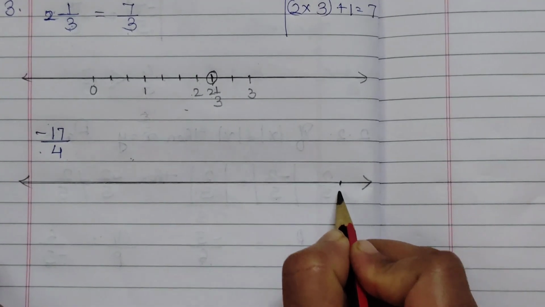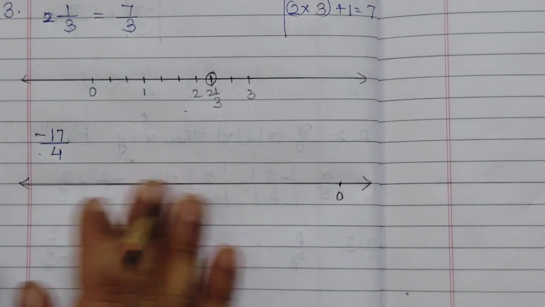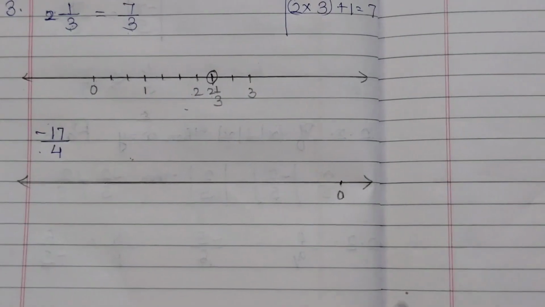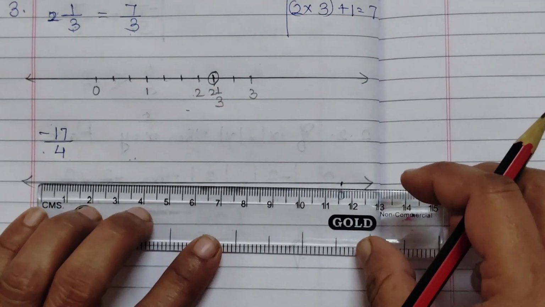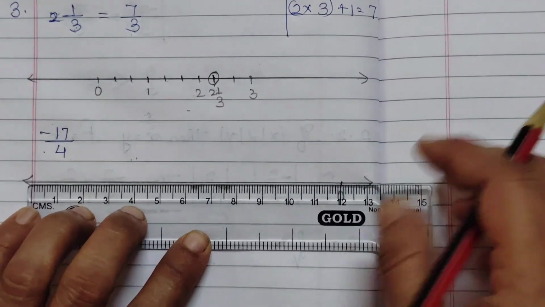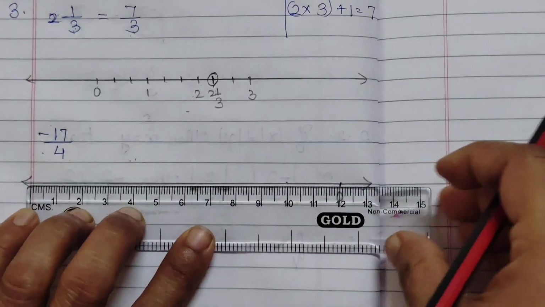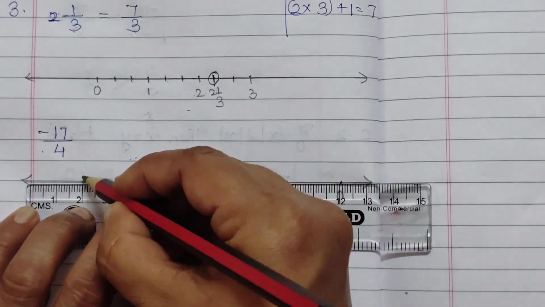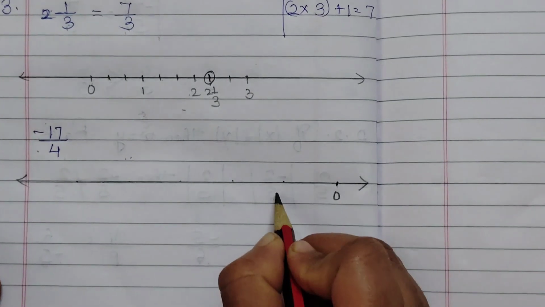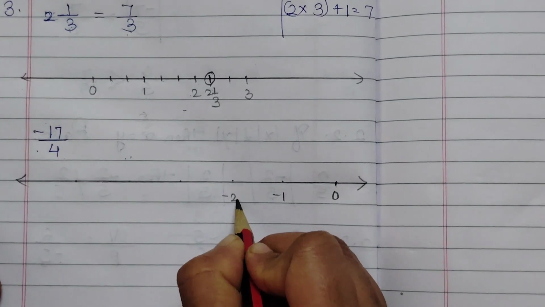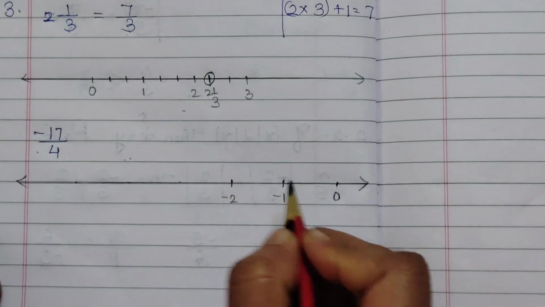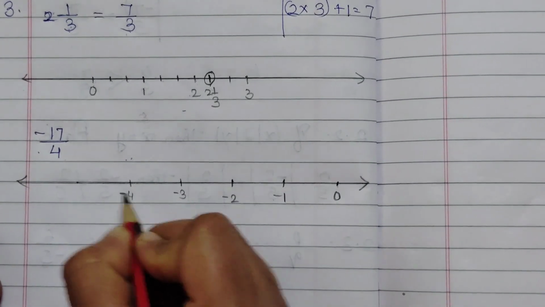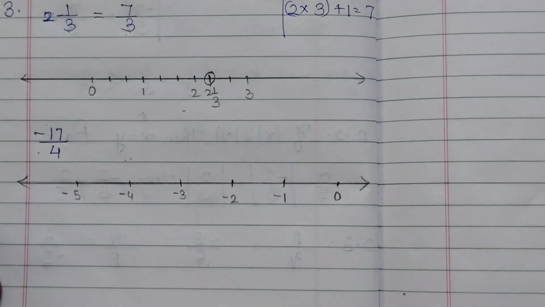So we will mark 0 a little bit here because we have to show the left side, the negative side. Again I will mark here at an equal distance. I will write minus 1, minus 2, minus 3, minus 4, minus 5.